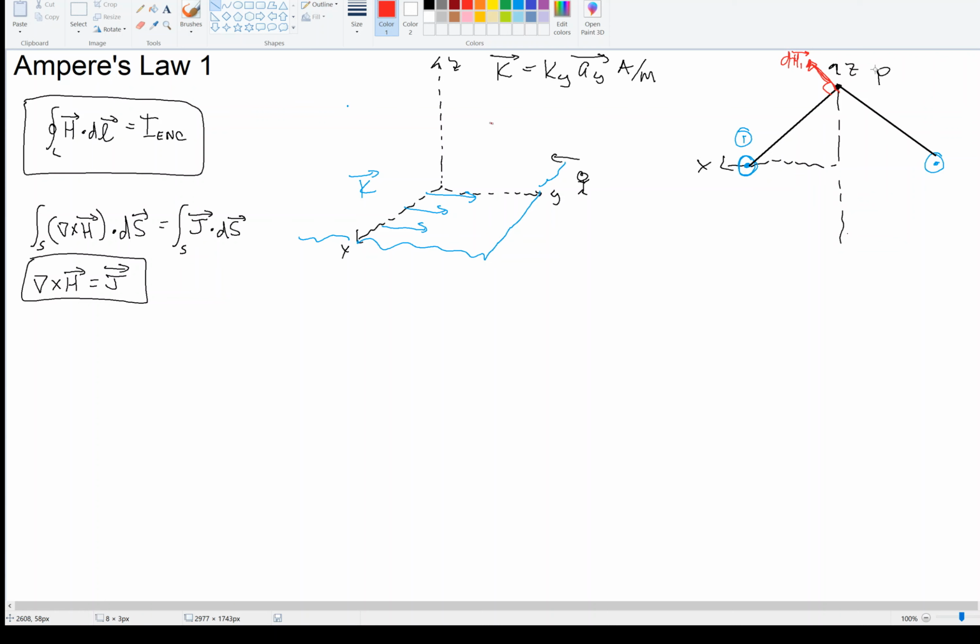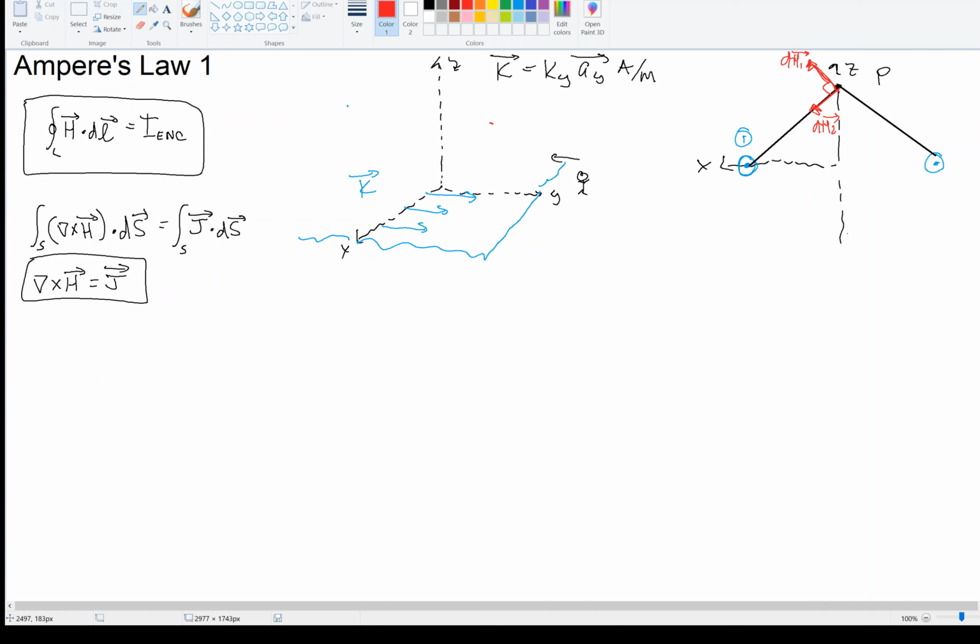So it's circulating counterclockwise around there. And then when we hit P, we notice that at P we have a magnetic field that is directed like this. So we'll call that dH2.